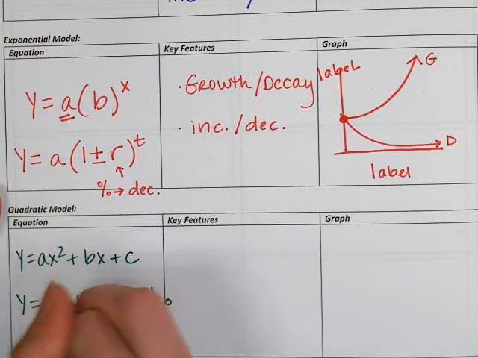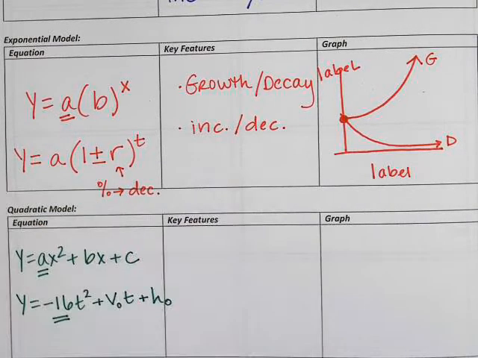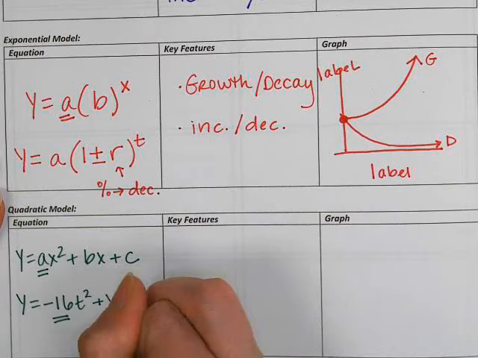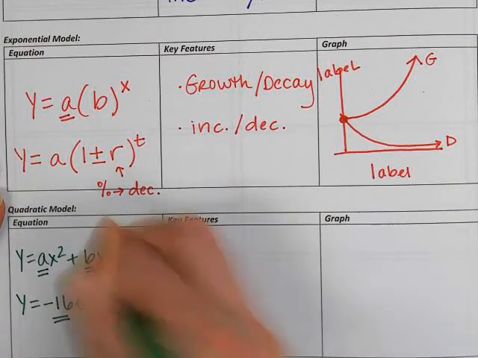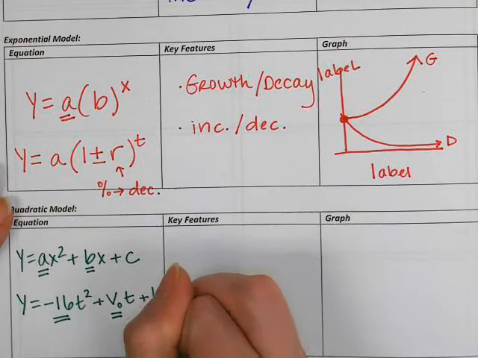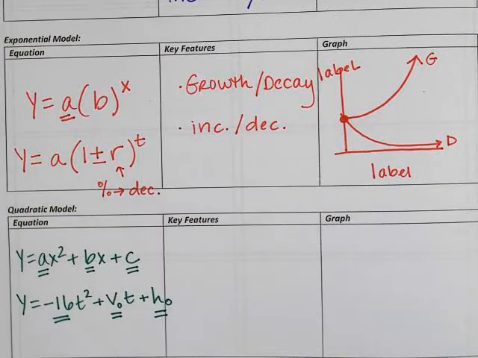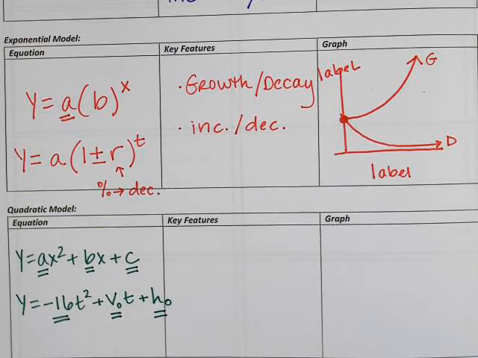Okay, so negative 16 is the gravity, that's a. V sub 0 is the initial velocity, that's b. And then h sub 0 is your c, which is the y-intercept, the starting value.